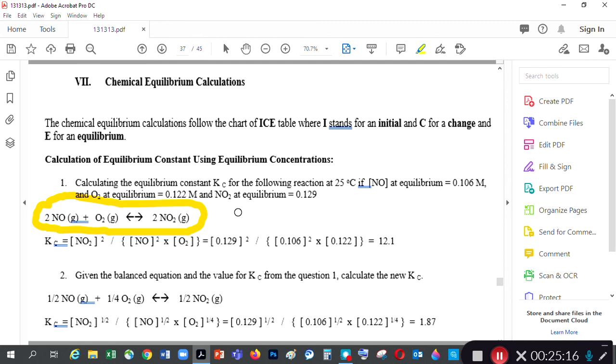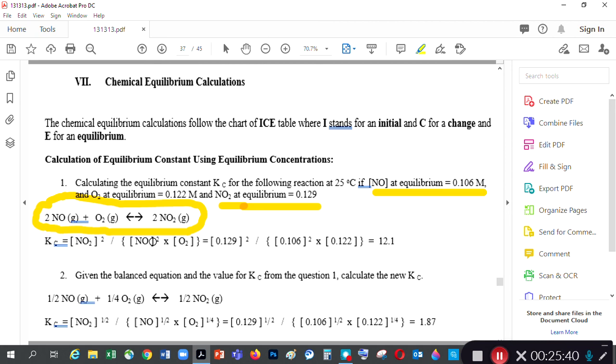If we have the equilibrium concentrations, this is for NO2, this is for oxygen, and this is for NO. Just plug them in, because they are at equilibrium, so we don't have to do an ICE table here.